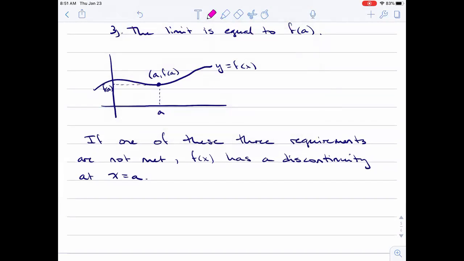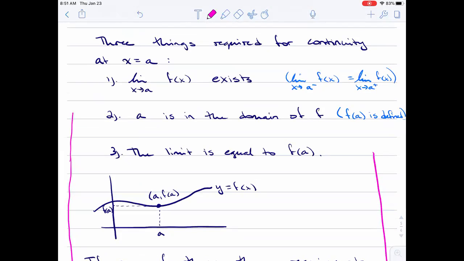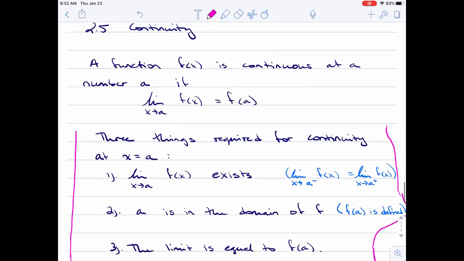I'm going to draw a box around all of this. It's helping us figure out if a function is continuous or not.